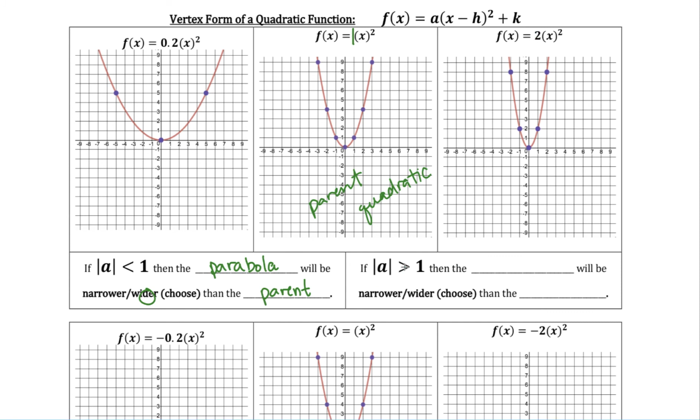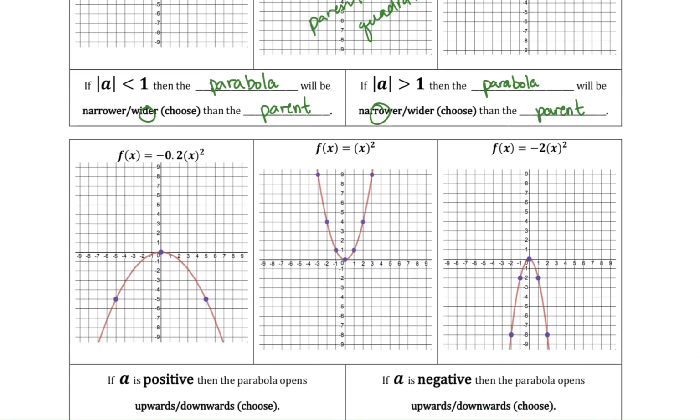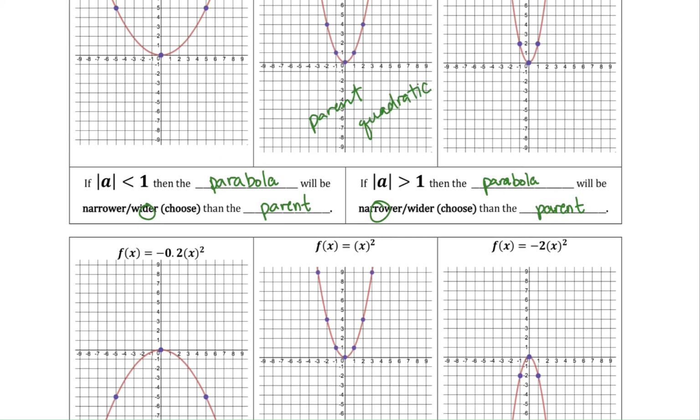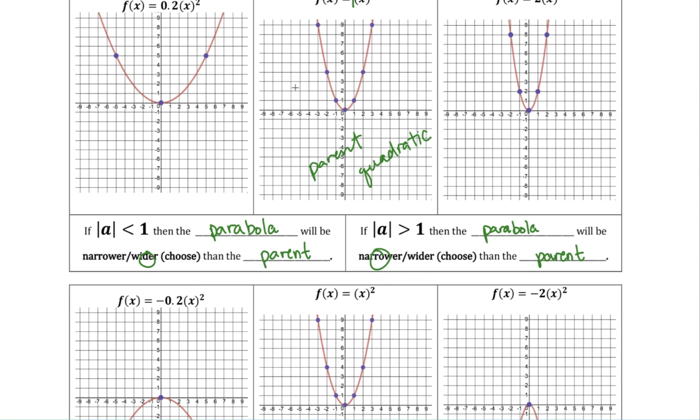If the absolute value is bigger than 1, remember we ignore the negative, then the parabola will be narrower, skinnier than the parent. I can show you some examples. This is still 0.2, this is still 2. Even though it's flipped upside down, it's still just as wide. This one is just as wide as down here.